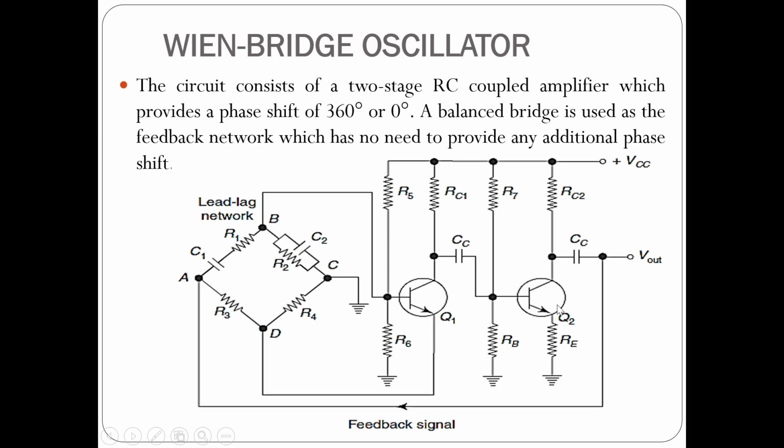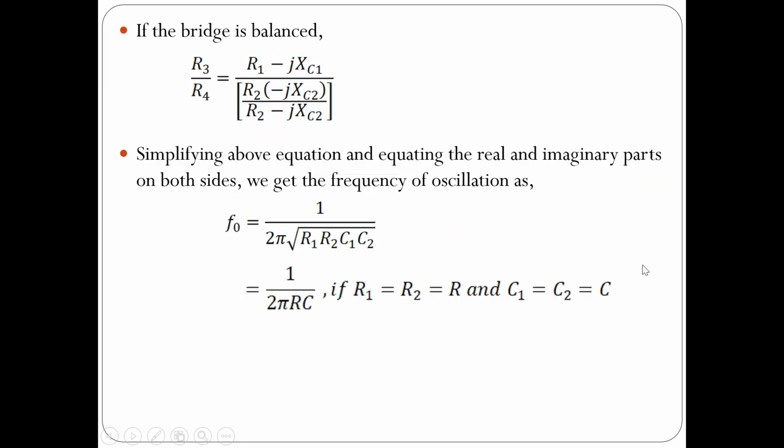Here Q1 and Q2, two transistors, are connected. The coupling capacitors CC1 and CC2 are connected for this output. So in the final equation we get the output frequency 1 by 2 pi RC, if we choose the resistance and the capacitance commonly.